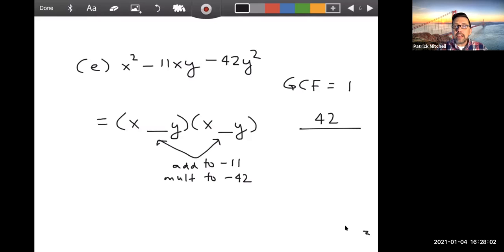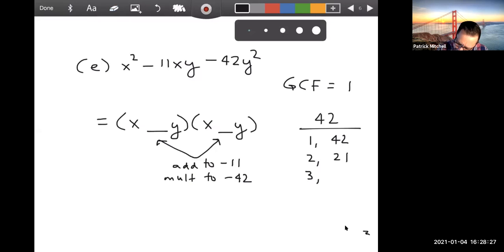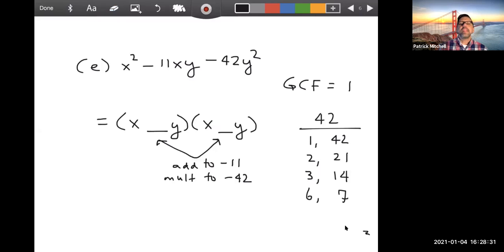The numbers I can think of that multiply to 42 are 1 and 42, 2 and 21, oops, I didn't mean 3 and 7. I kind of got two things mixed up there. 3 and 14, and 6 and 7. All right, sorry about that.